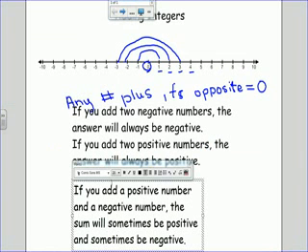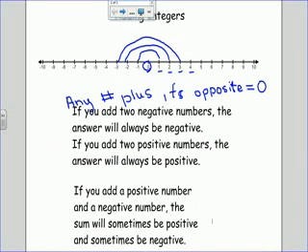You really don't know. There's not a certain answer like it is here when you're adding two negatives or two positives. That's because you always have to ask yourself, do you have more positive chips or do you have more negative chips? Depending on which one you have more of, your answer may be positive and your answer may be negative.